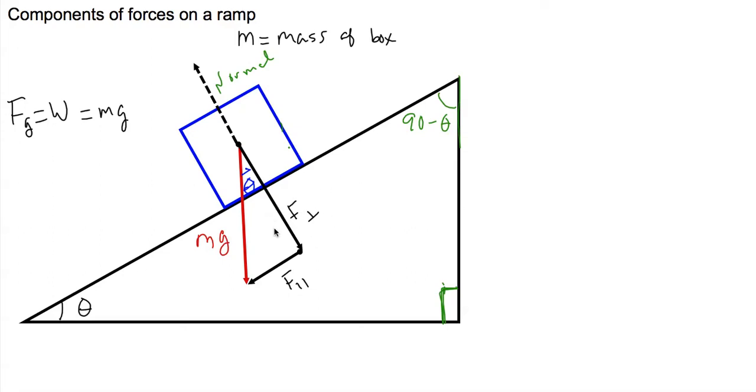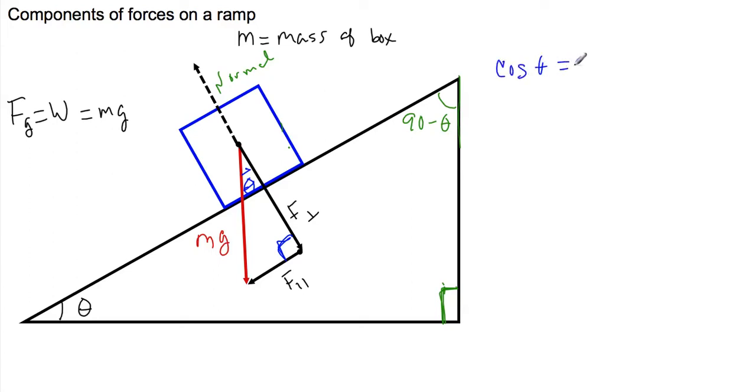So because this is a right triangle, and again you can kind of see that part here, we can use our good old SOHCAHTOA or our trigonometry functions. We'll find the perpendicular side first, which when you look at theta, this is the adjacent side compared to theta, which would be our cosine function.